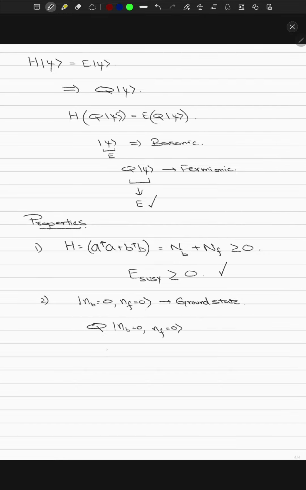If you recall, Q was defined as A B dagger. A B dagger acting on this state would basically kill the ground state, and this would just give you 0, right? What that means is that the ground state is annihilated by the action of the supercharge, right?